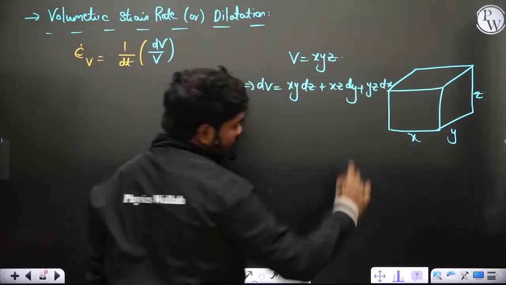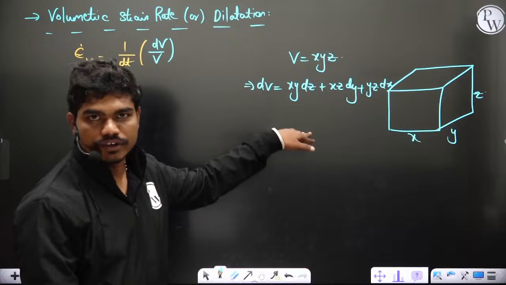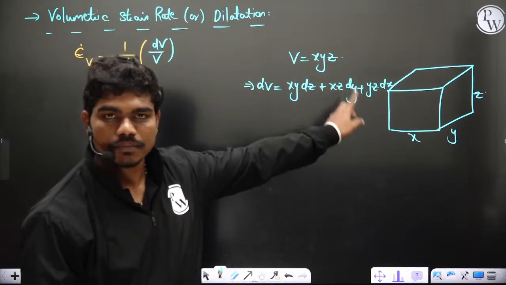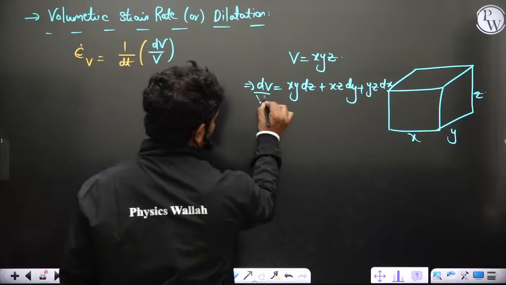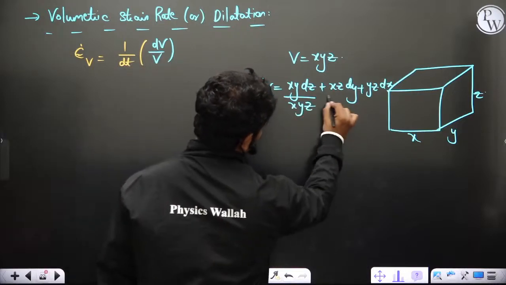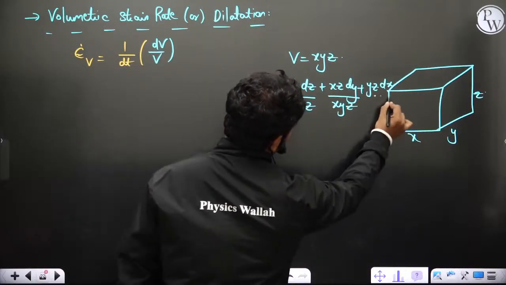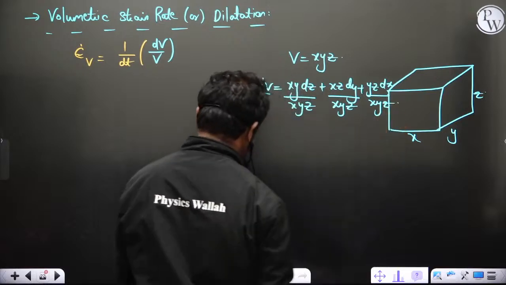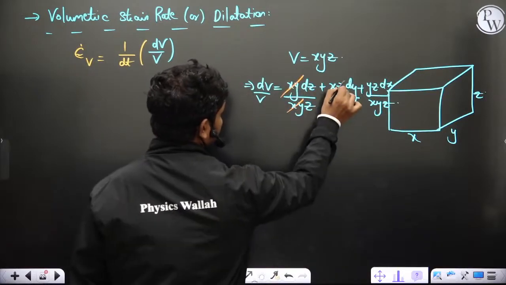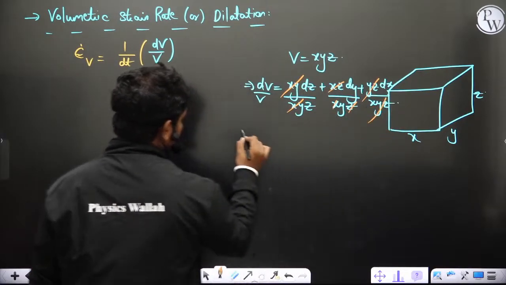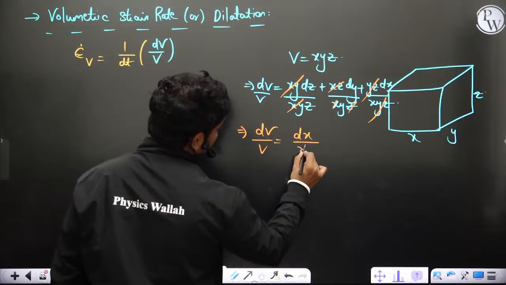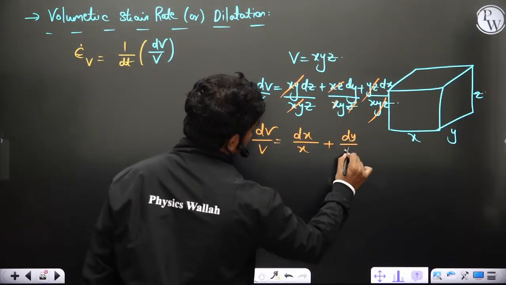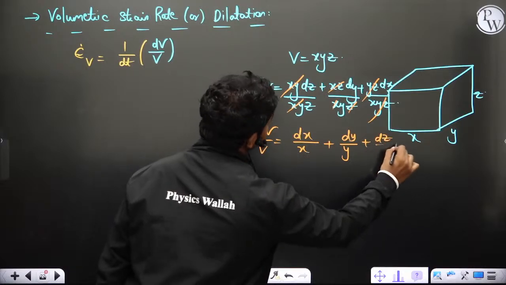Differentiation of three functions: first two into derivative of third, plus first and last into derivative of second, plus second and third into derivative of first. That's it. Now if you divide with v all over, dv by v is equal to dx by x plus dy by y plus dz by z.